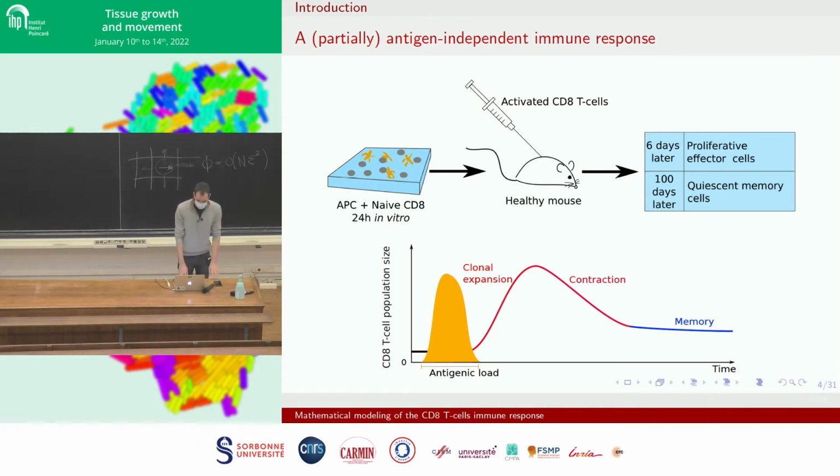And that's a phenomenon that is not well understood, how this program of proliferation and differentiation can be encoded into the CD8 T cells, even in absence of a virus, and which is not reproduced by most of the mathematical models of the immune response. So I will talk about this later.